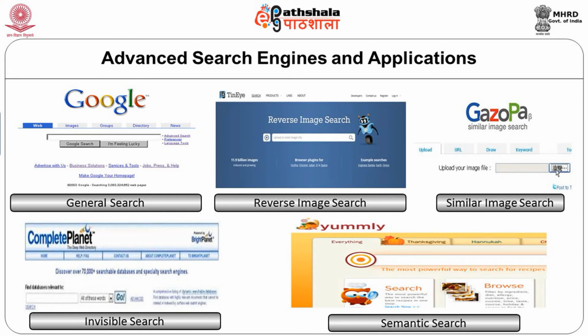And then there is a more complex level of search which is called semantic search, and a very popular search engine that gives semantic search is called Yummly. Semantic searches are for conducting meaning based search. Whenever we are using some kind of search interface or search box and typing something that we need, for example, if I say weather of Bangalore on August 31st, does the search engine understand it as weather in Bangalore on August 31st, as human beings understand the question?